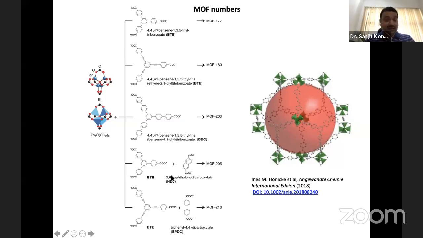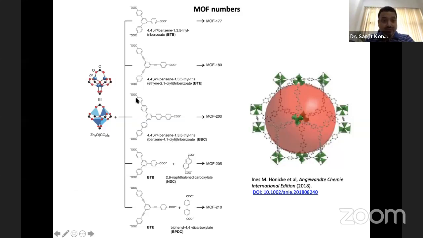Not only that, you have a lot of organic moieties, and the nature of the surface of this compound depends on the ligand you have chosen. It could be hydrophobic, hydrophilic, or something else.